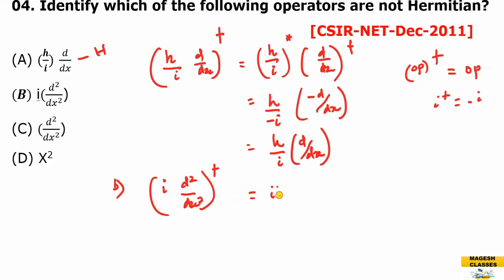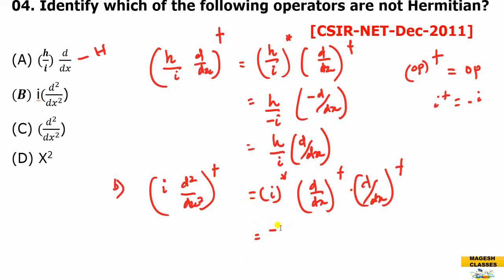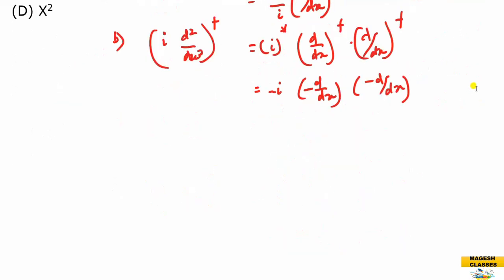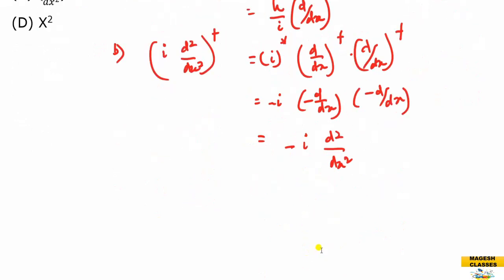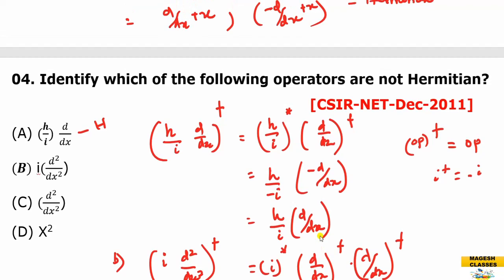To find it, take the complex conjugate of i, and d/dx dagger d/dx. So the complex conjugate of i is equal to minus i, and this is minus i d squared by dx squared. So the Hermitian adjoint is not equal to the operator. So this is not Hermitian.